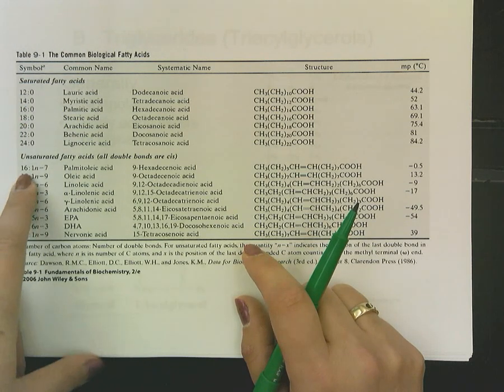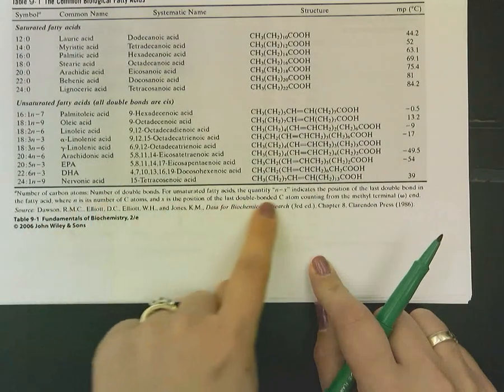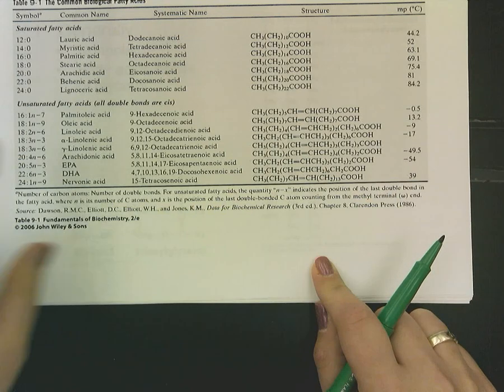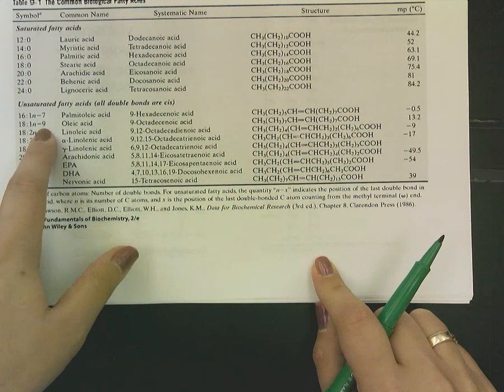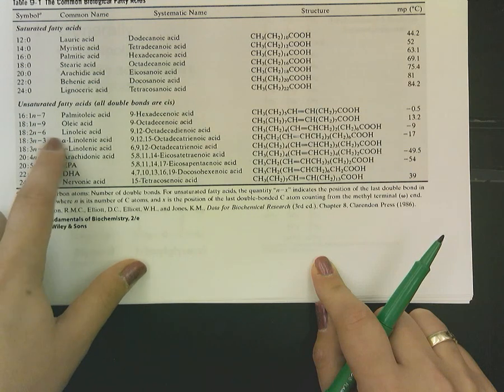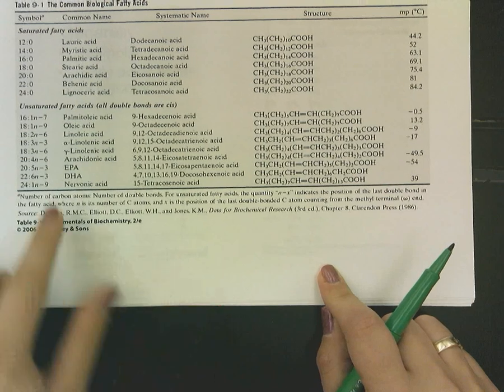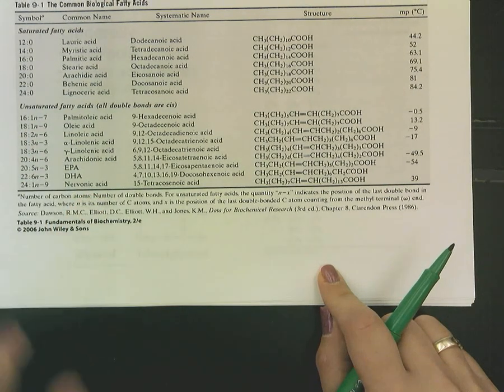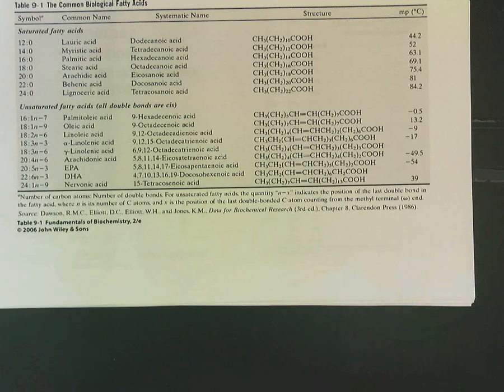Down here we have 16 carbons, a double bond, number of carbon atoms, number of double bonds, the position of the last double bond. So that's the one we just looked at, 18 in the first double bonds, it's 9, 8, linoleic acid, this one we just looked at. Their numbering system's kind of funky. You just need to know that as you move down, there's more double bonds. Yeah, 1, 2, 3, 4.